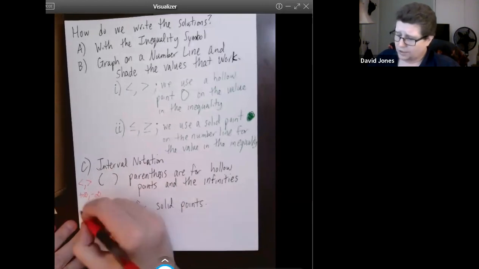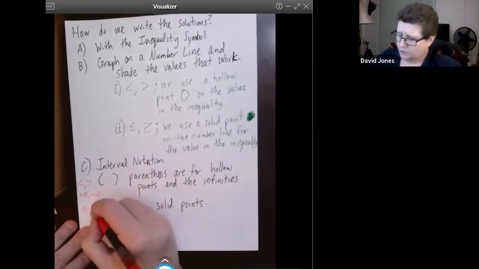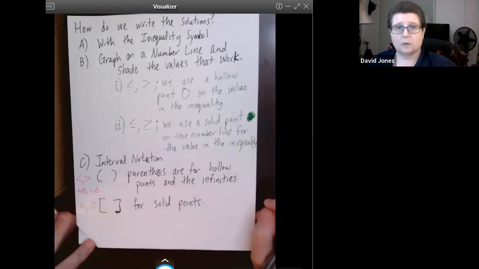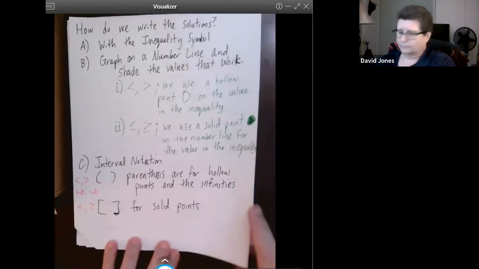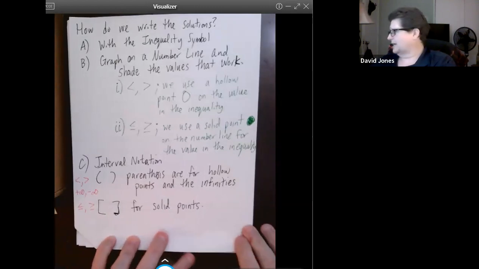And solid points are for less than or equal to, greater than or equal to. Let's just go over some examples. Pause this if you need it up longer.